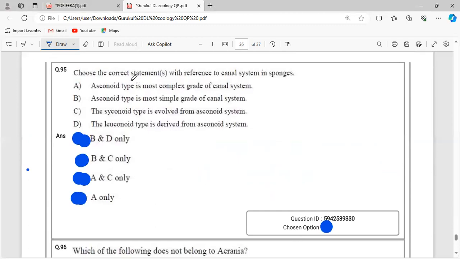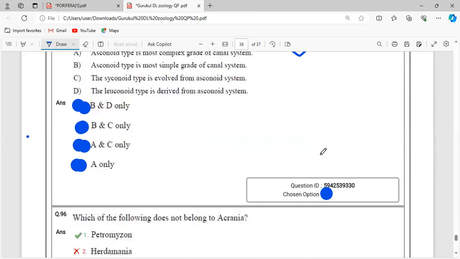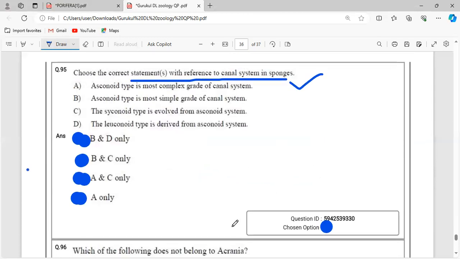What is the correct statement with respect to the canal system in sponges? In yesterday's class, we completely saw the canal system. See what the options are here. Asconoid type is the most complex grade of canal system. Asconoid type is the most simple grade of canal system. Syconoid is evolved from the asconoid system, and the leuconoid is derived from the asconoid system. Each and every point will be explained.